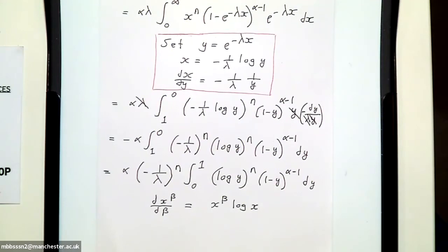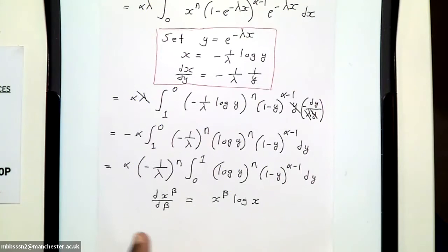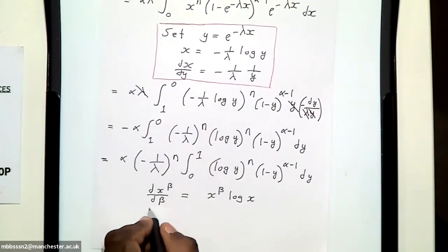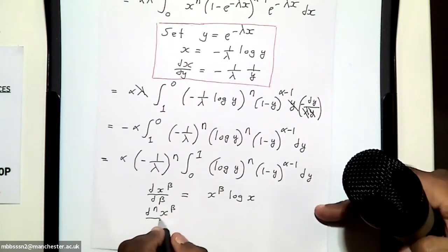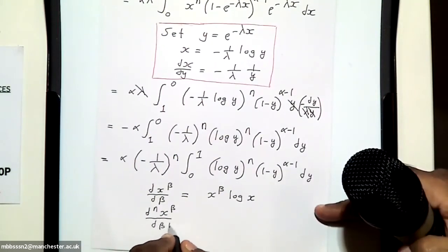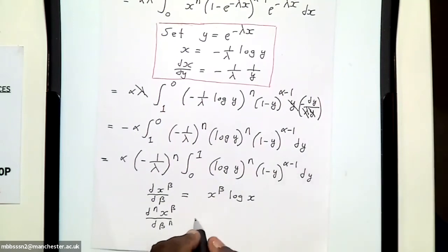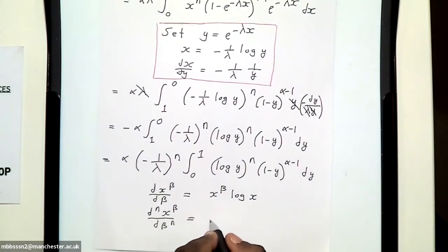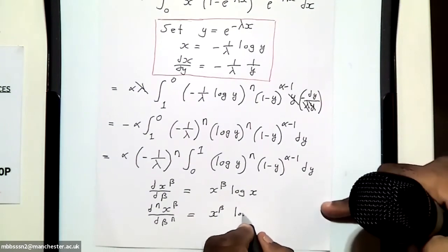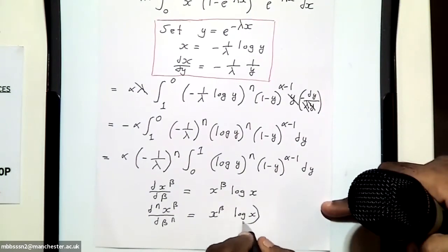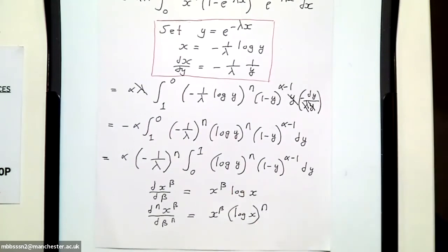Now, if you do this n times, in other words, if you differentiate n times with respect to beta, the formula that you will get is this.